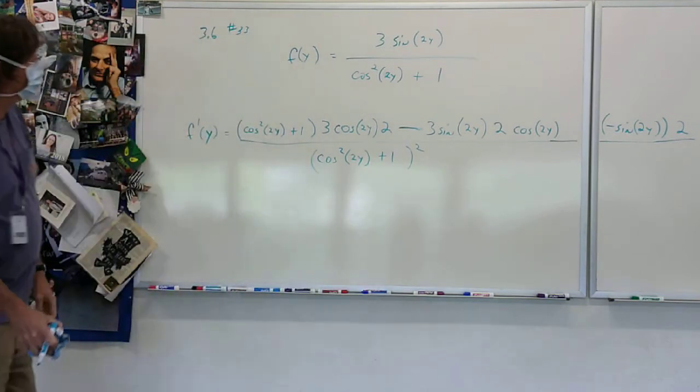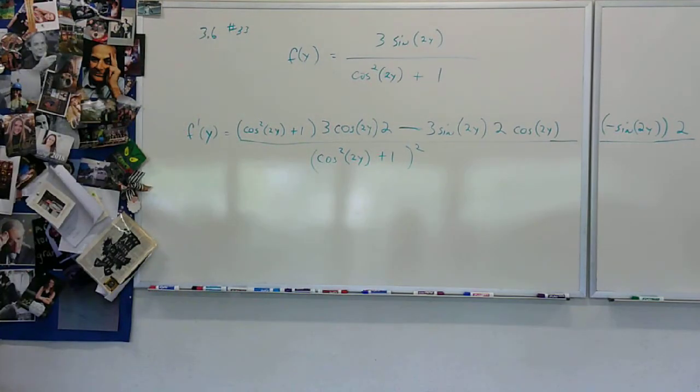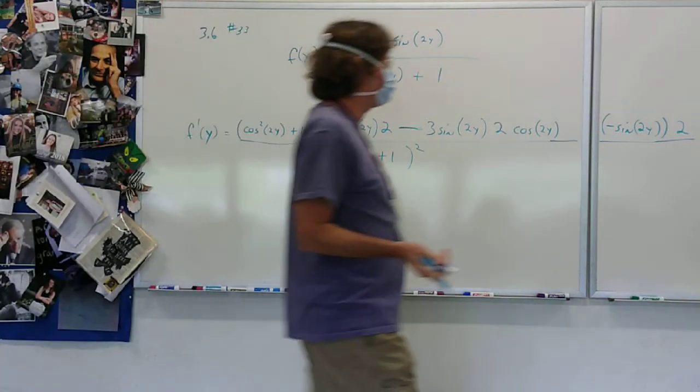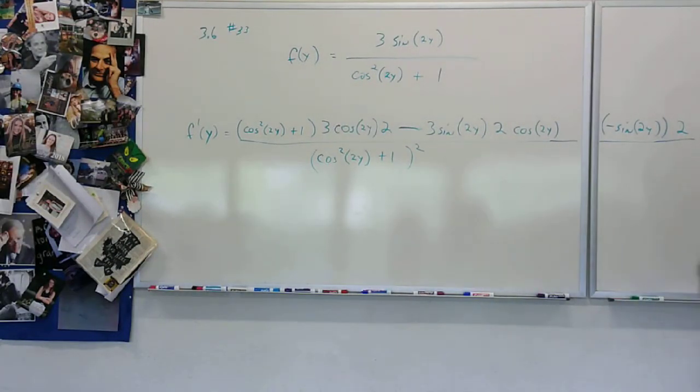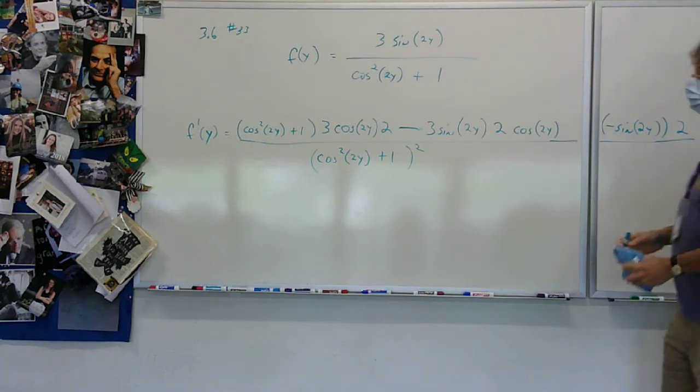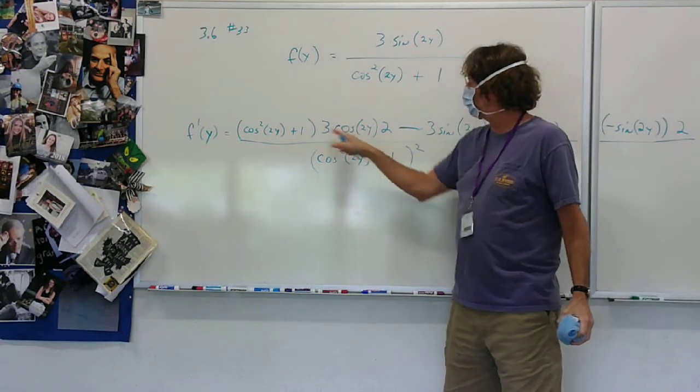Now, here's the problem: simplifying all that mess. That's something you've got to be able to do along the way. Someone says, well, Mr. Evans, I might distribute this times the 1 and times that.